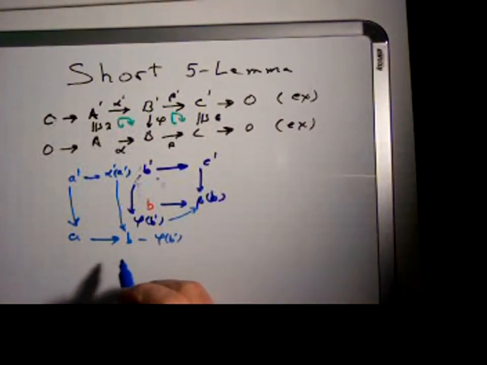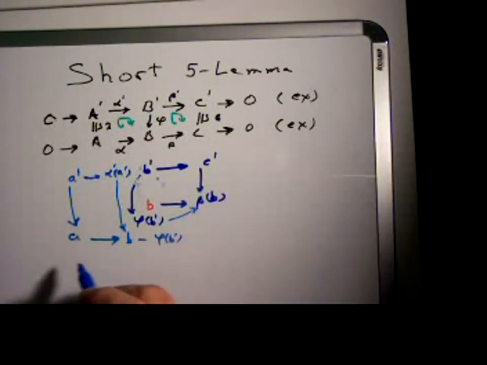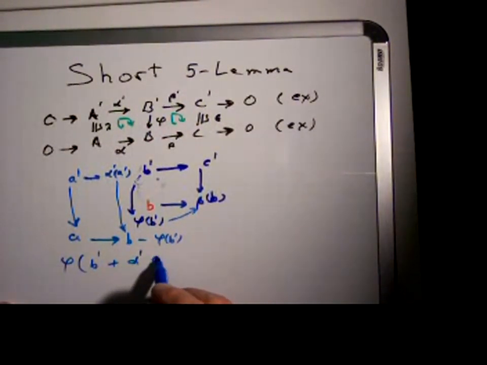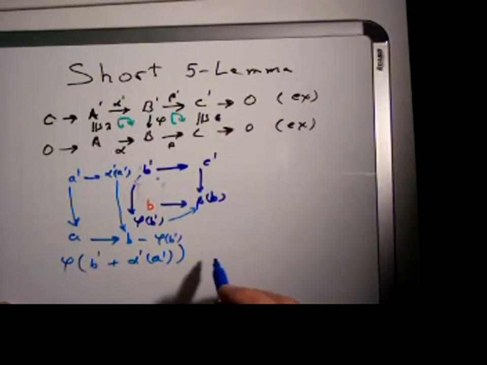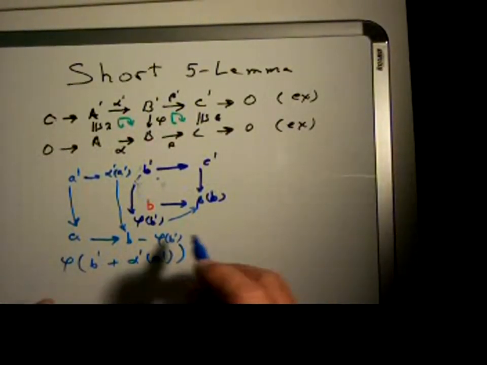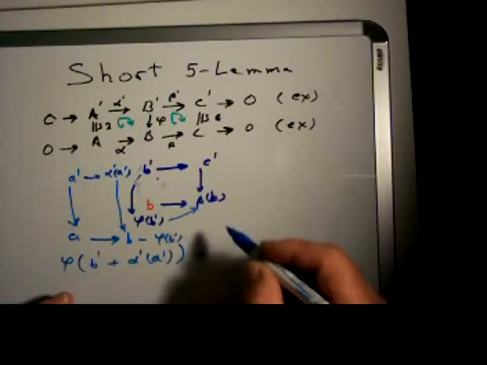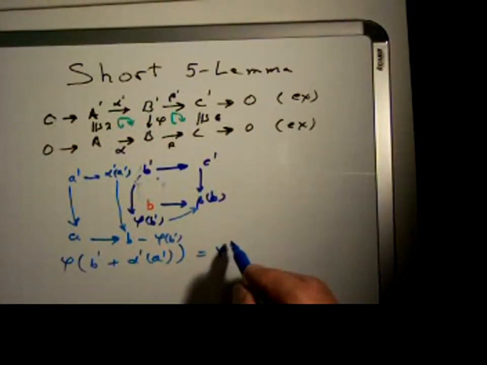So what we want to do is take phi of B prime plus alpha prime of A prime. That will equal this guy here. Well, B goes to this, just the phi of B here.